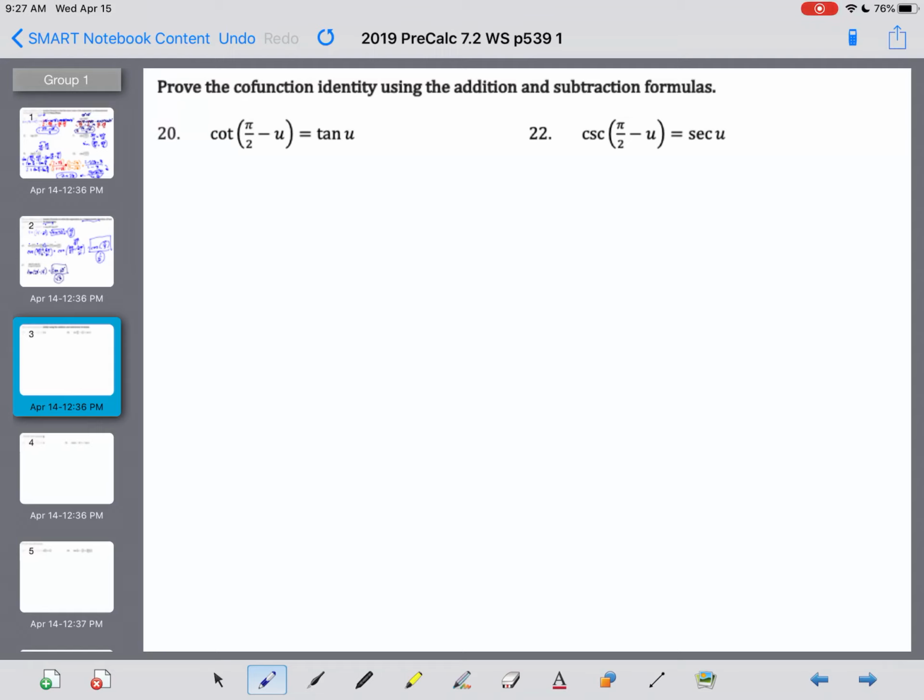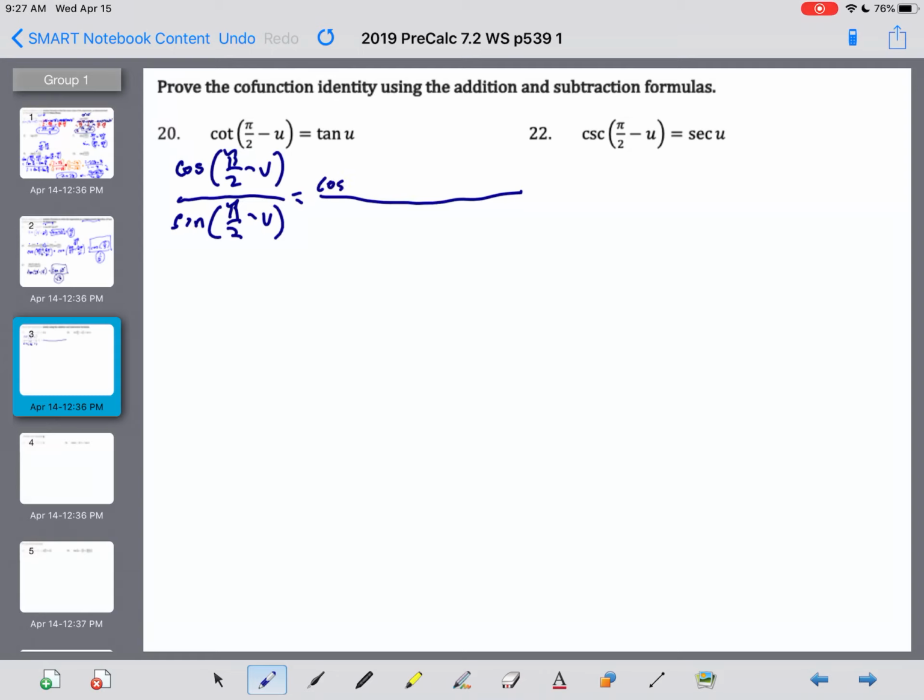So again, we know that cotangent is going to be cosine of this angle subtraction over the sine of the same angle subtraction here. And then from here we expand using our subtraction formula.